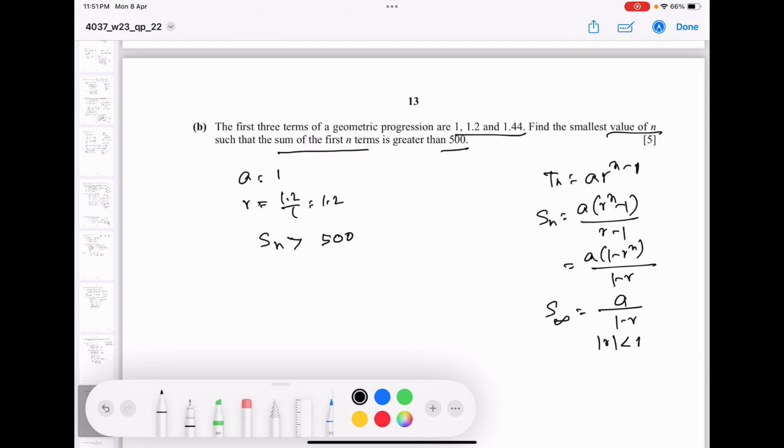Now let me simplify this. Since r is greater than 1, it will be better for us to use this formula. So a is 1, (1.2 to the power n minus 1) over (1.2 minus 1) greater than 500.